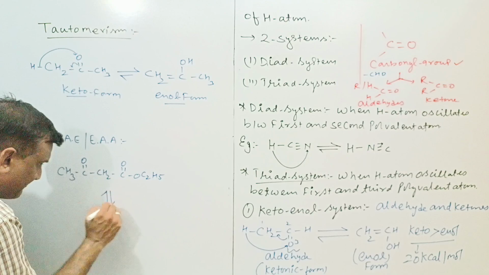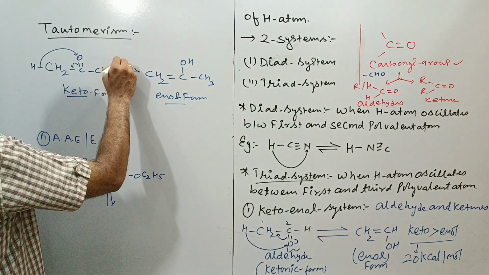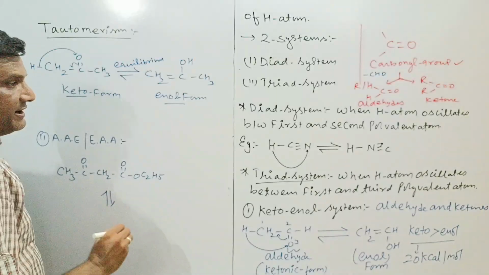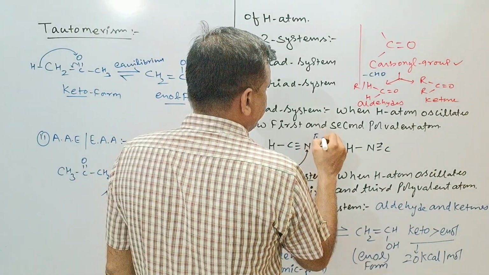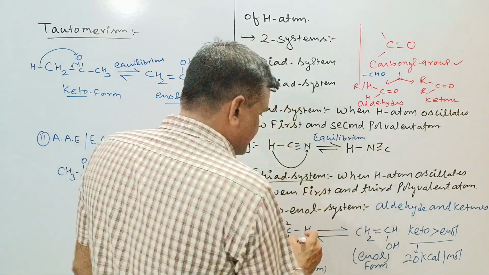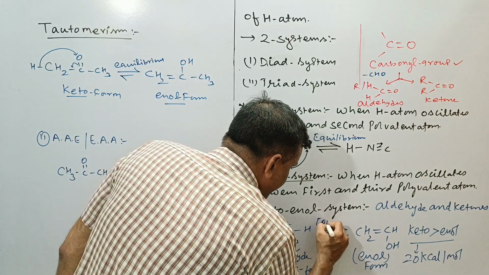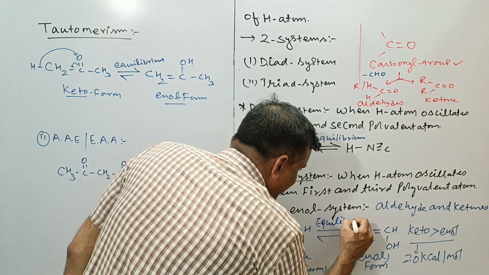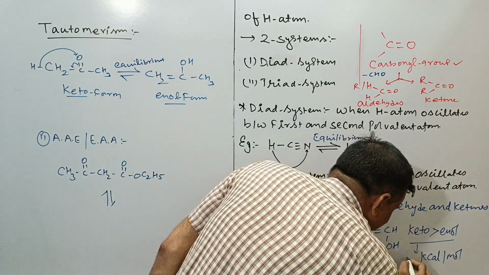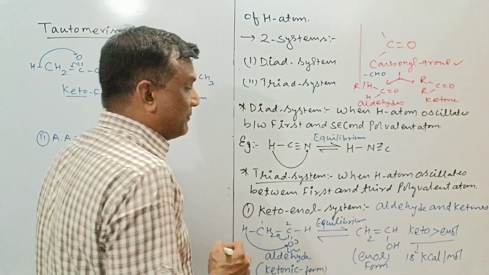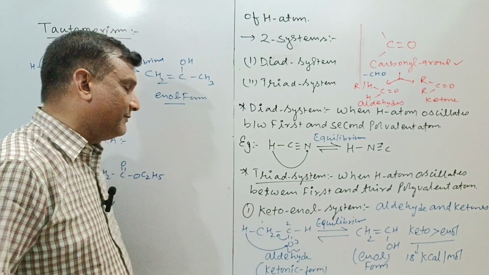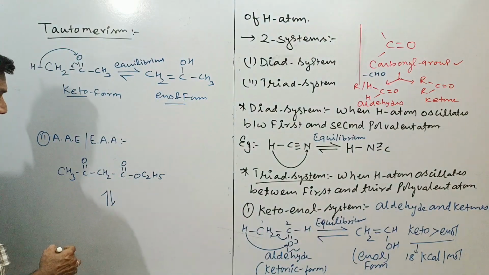Interconversion means interconvertible in equilibrium. Here we can write equilibrium also. If you want the exact value of energy, you can use 18 kilocalories per mole as the difference between the energy of the keto form and the enol form. Here is the acetoacetic ester.